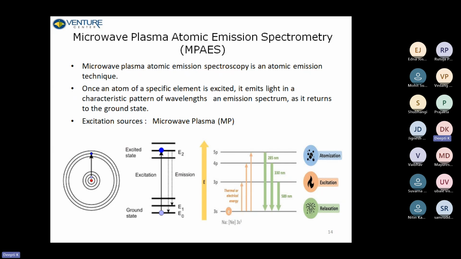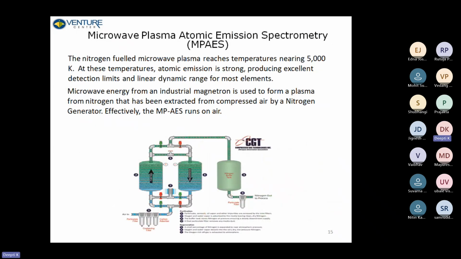The principle will remain the same. Here the nitrogen-fueled microwave plasma reaches temperatures around 5,000 degrees Kelvin. At these temperatures, the atomic emission is very strong, and hence it produces excellent detection limits and a linear dynamic range for almost all the elements.